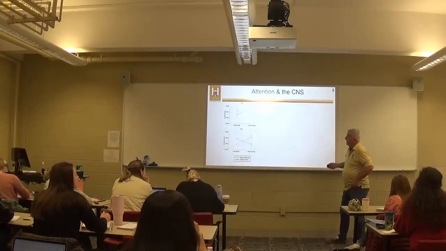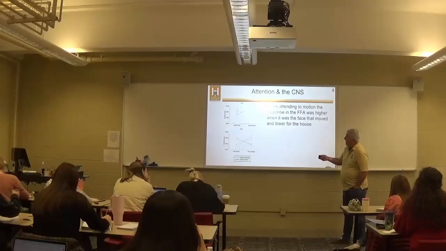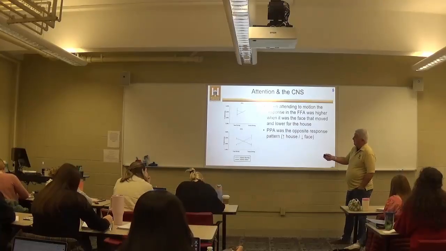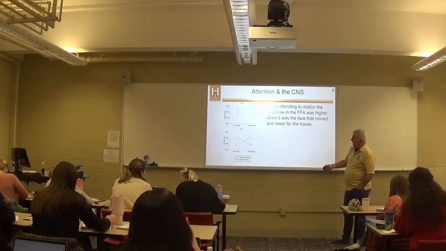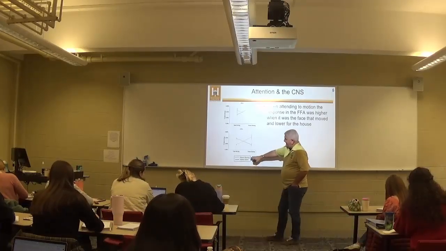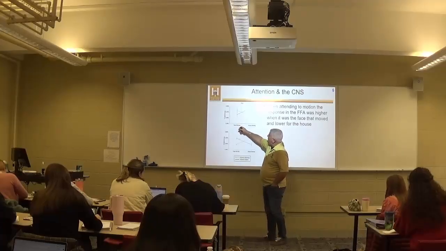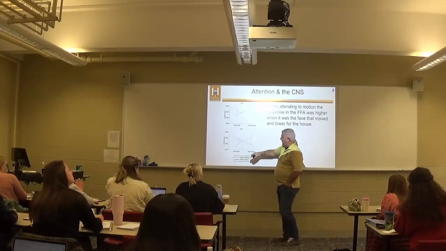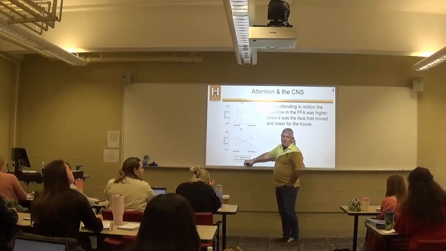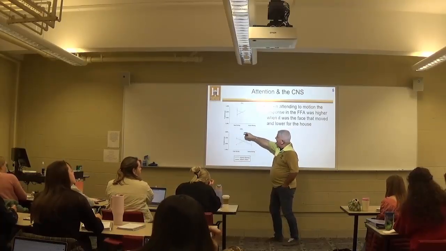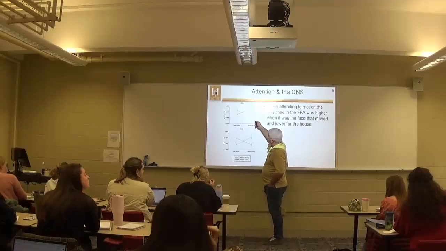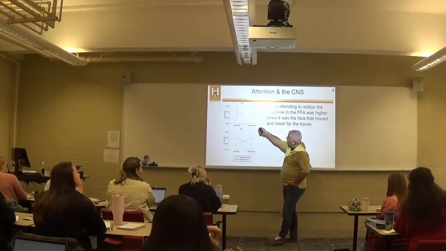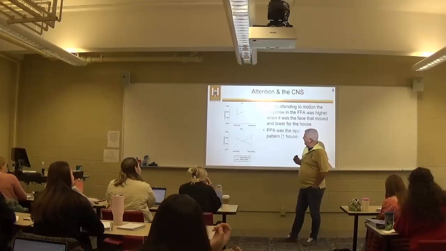And when they do this study and look at activity in the fusiform area, when people are supposed to attend to the thing that's moving and the face was moving, fusiform area is high. When they're supposed to attend to the thing that's not moving, that's static, and the face was static here, the house was moving, again, fusiform area is high there.